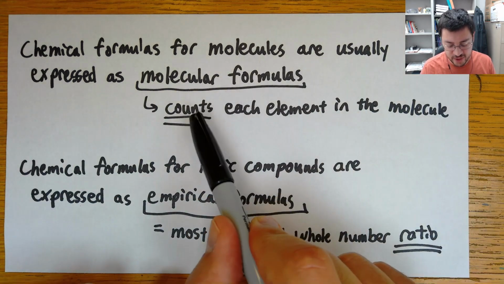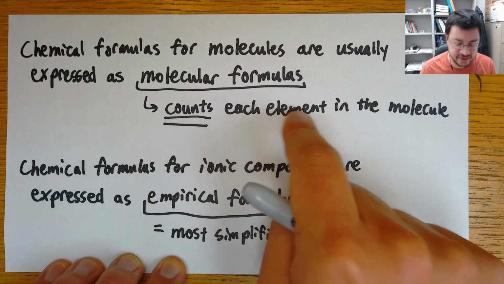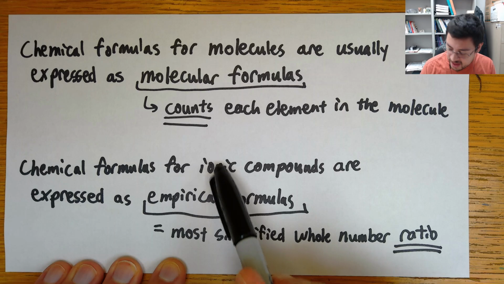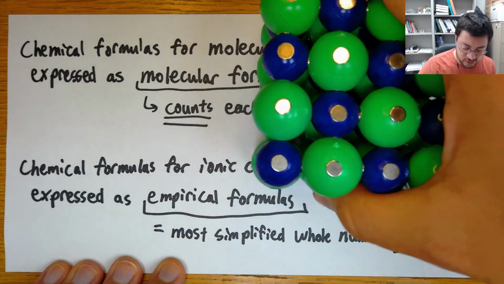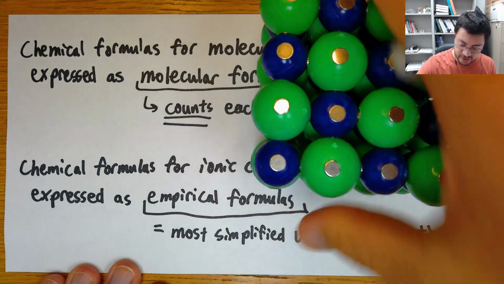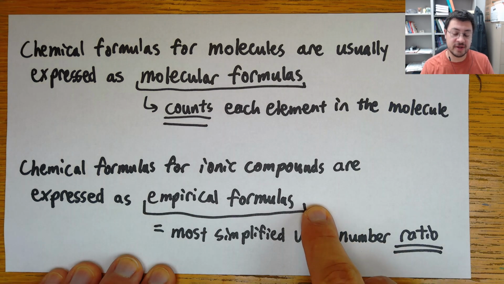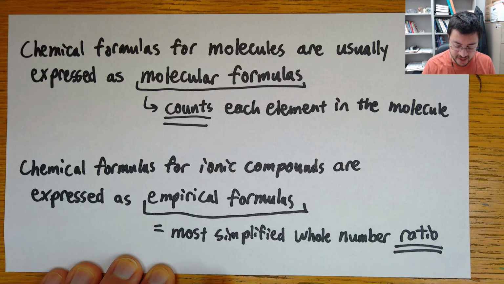That's a fancy way of saying we're just counting the number for each element in the molecule. But for ionic compounds, like sodium chloride, we express their chemical formulas as empirical formulas. Empirical formula is just a fancy way of saying the most simplified whole number ratio.